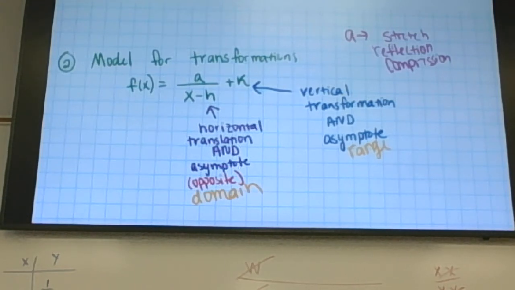If there's a number here, like let's say a was 5... this one's negative. Alright, if the x is negative up top, the branches are in the other quadrants, quadrant 2 and quadrant 4.